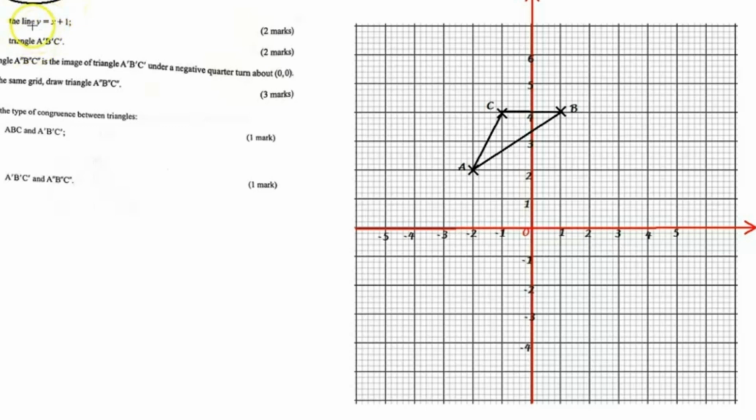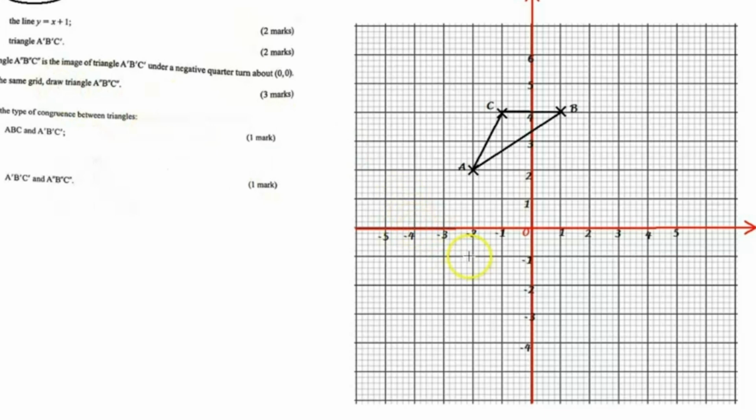ABC, and then I need to draw this line y is equal to x plus 1. For this line, I can write it in the form y is equal to mx plus a constant. It's already in the form y is equal to mx plus a constant. So at the x-axis, I just need to use the intercept.